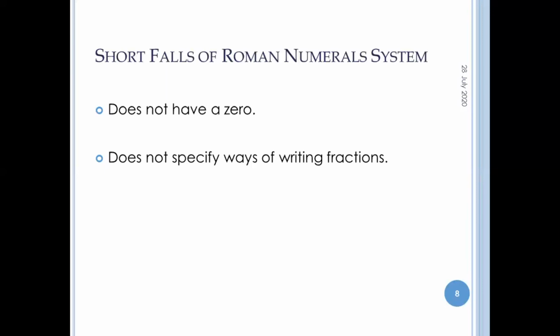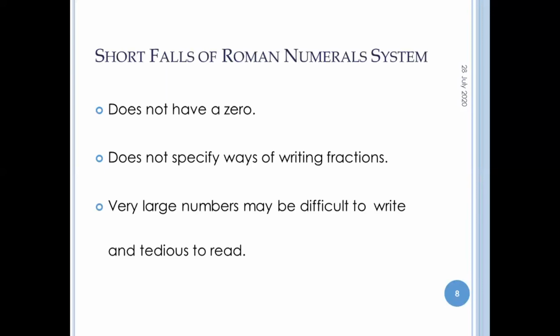I need to be advised on that. But also, writing very large numbers may be difficult, although not impossible. And reading a number in numeral form may be tedious. You may need to convert it from its form to the commonly used Hindu-Arabic form to tell it.